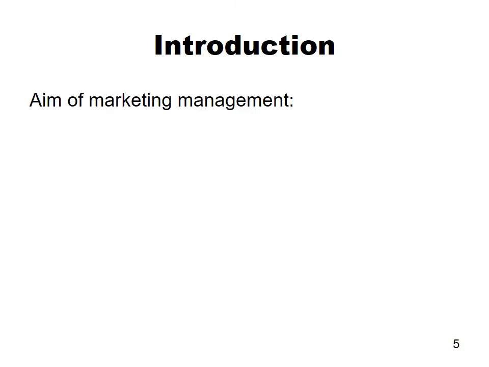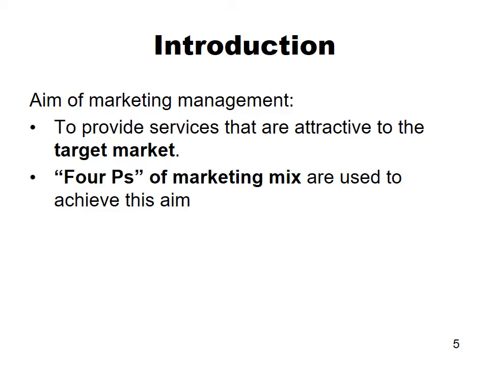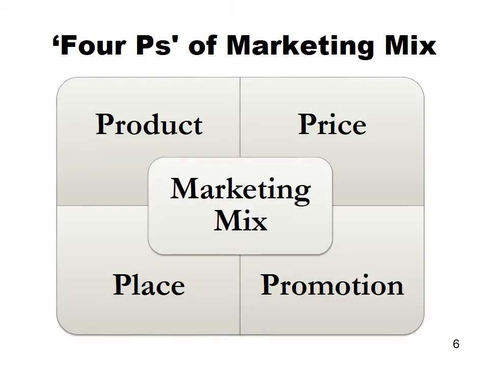Introduction. The aim of marketing management is to provide services that are attractive to the target market. The 4 P's of the marketing mix are used to achieve this aim: product, price, place, and promotion.